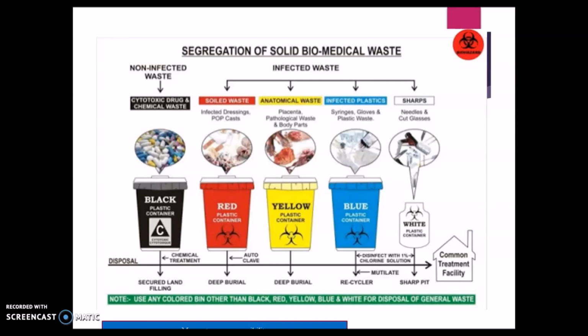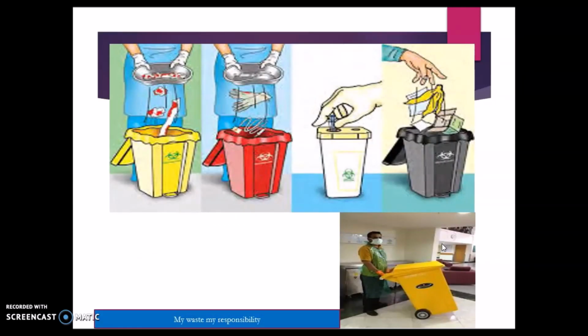Non-infected waste includes cytotoxic drugs or chemical waste, which is denoted by black color and stored in black containers. This waste is collectively transferred to community treatment facility centers. These are the general cautions or methods used in my city for collection of biomedical waste, and this is one of the methods practiced in their own hospitals.